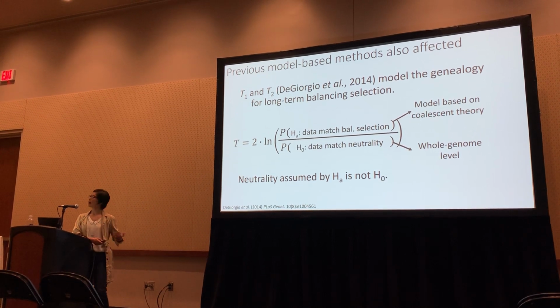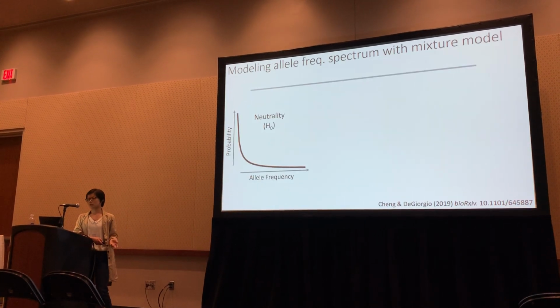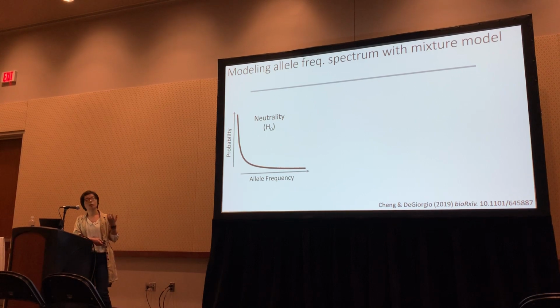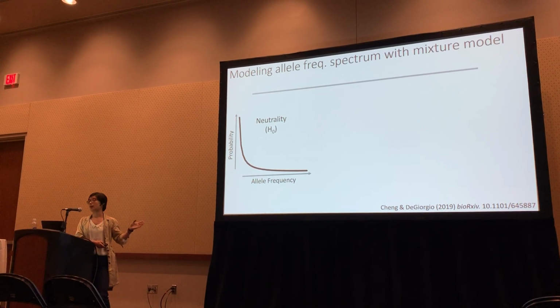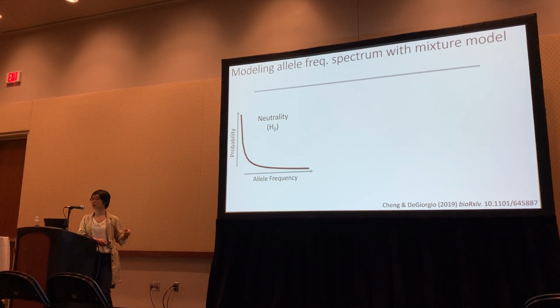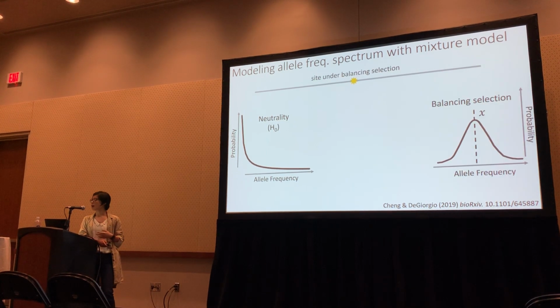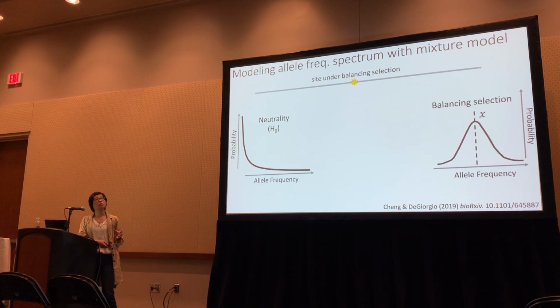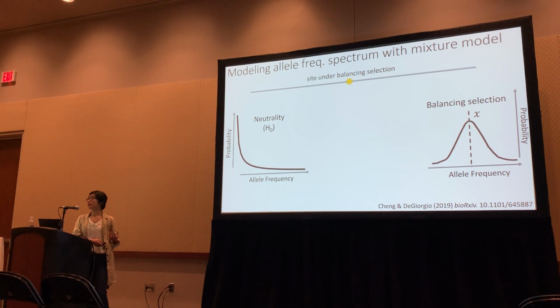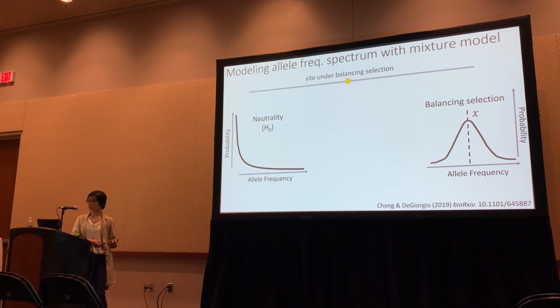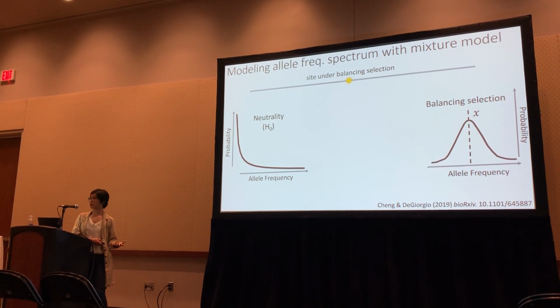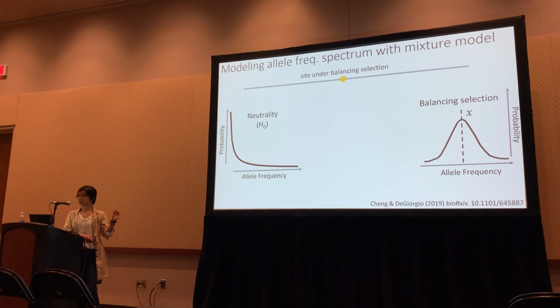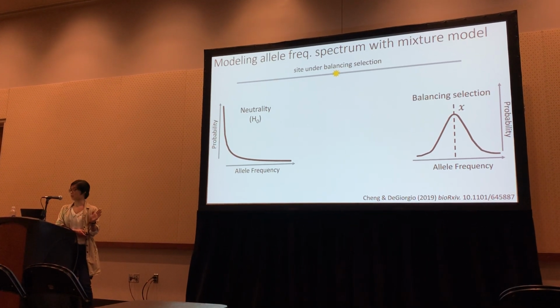So to tackle this problem, we turn to a mixture model, and here we also take the genome-wide variation level, the site frequency spectrum, as our neutrality. And for any site under balancing selection, we model that the probability distribution for the influence of balancing selection be binomially centered on the equilibrium frequency of the selection.